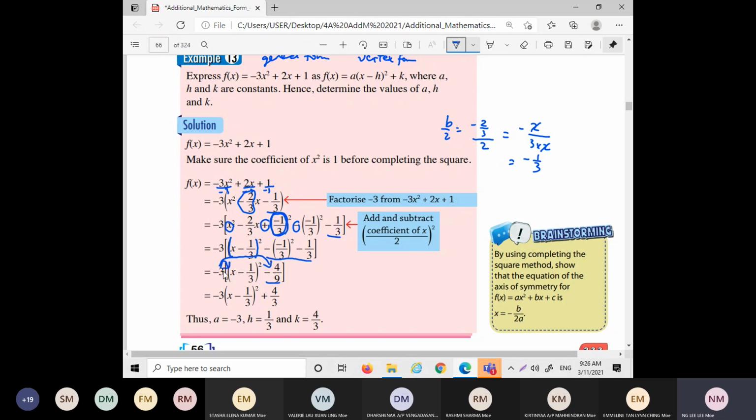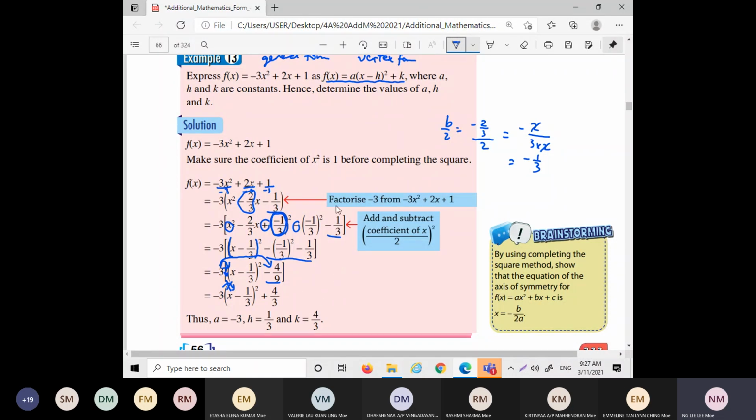You must bring it back, otherwise you can't get exactly the same form. Bring it back outside of this bracket only, not inside. So it's negative 3, then the bracket squared, and then negative 3 times negative 4 over 9 gives positive 4 over 3.